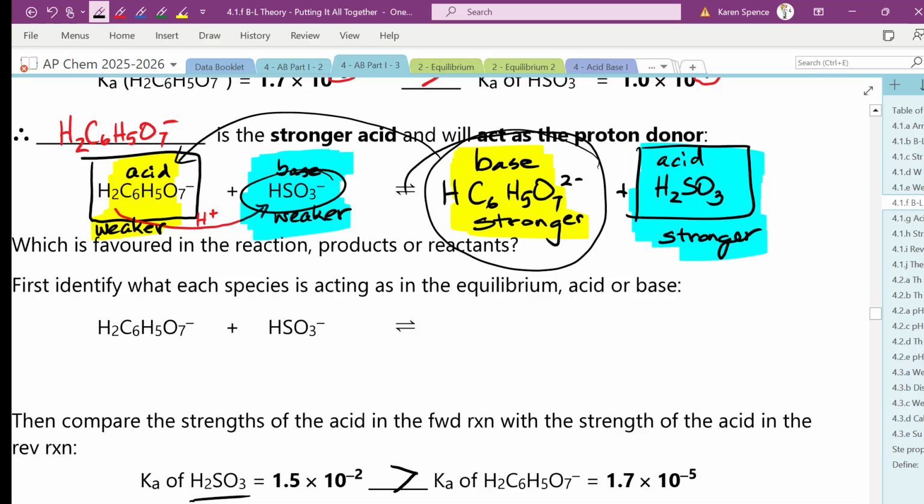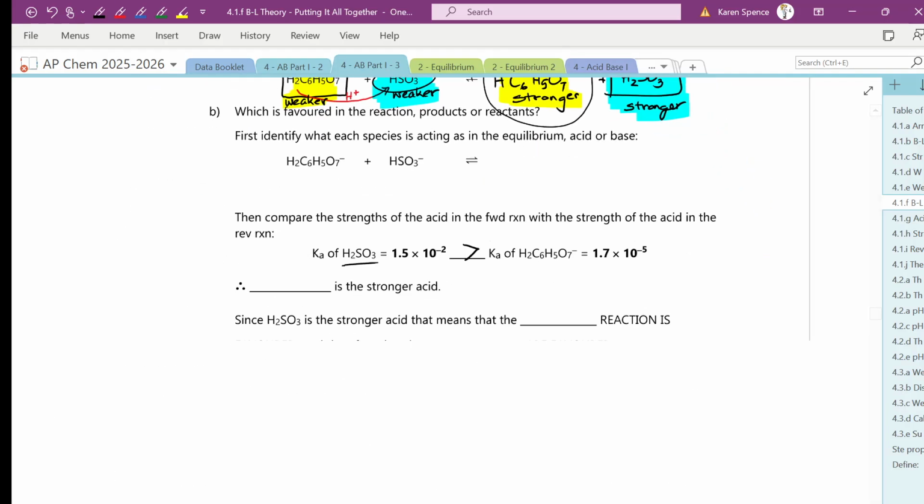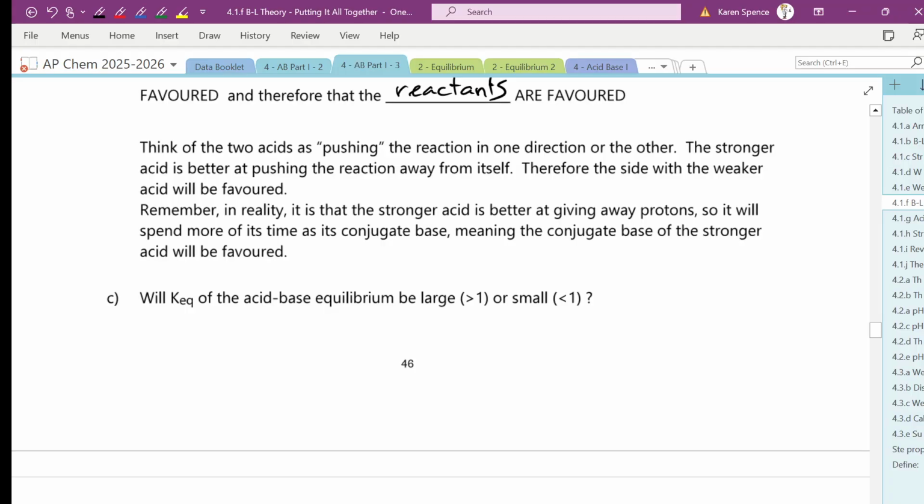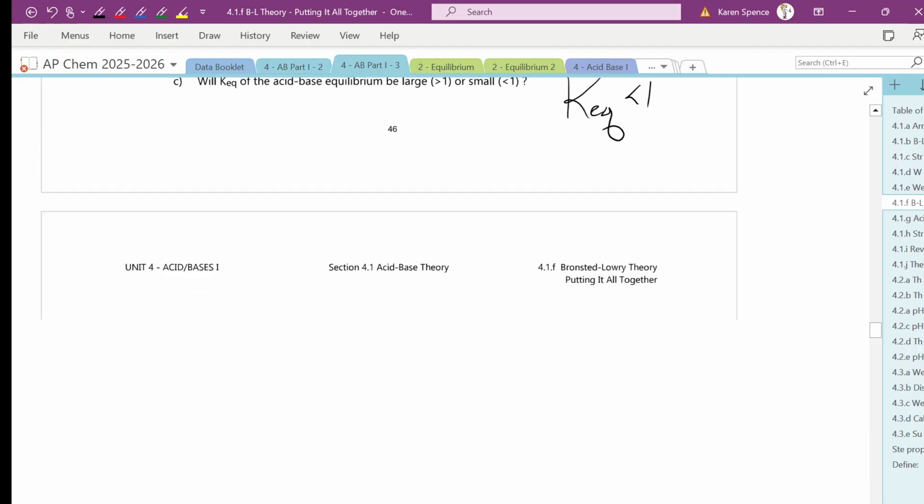So the reverse reaction is favored, and therefore the reactants are favored. Will the Keq be large or small? Keq will be small, less than 1.